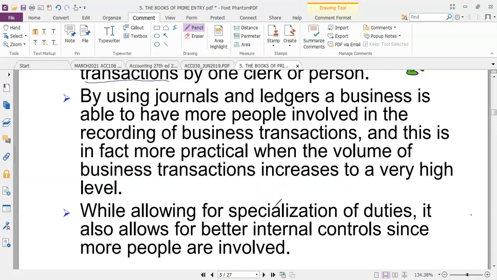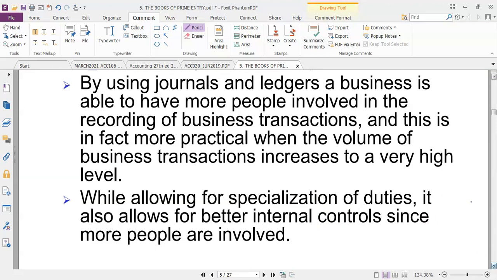Internal control dia tu lagi bagus. Tidak tertakluk kepada seorang sahaja yang bertanggungjawab nak buat ledger dan journal tu, supaya kalau ada kesilapan, salah seorang tu boleh tengok dan boleh betulkan each other. Sebab itulah dia kata allows for better internal control.